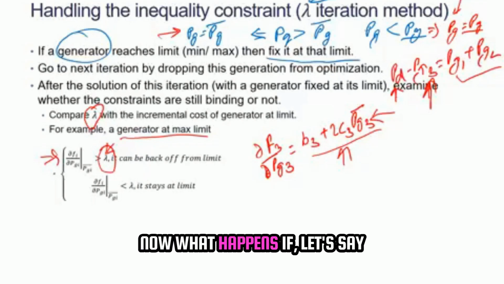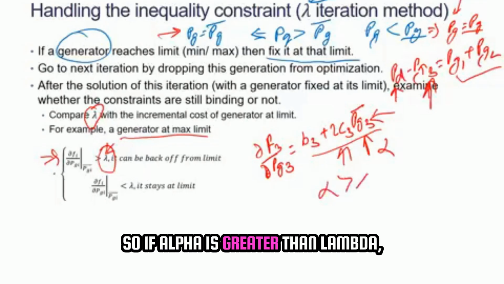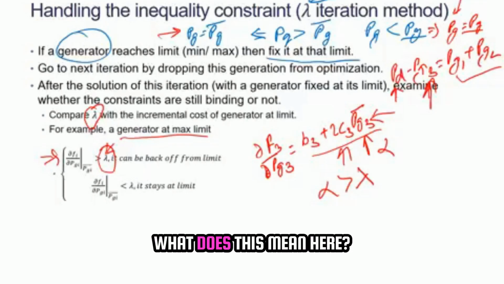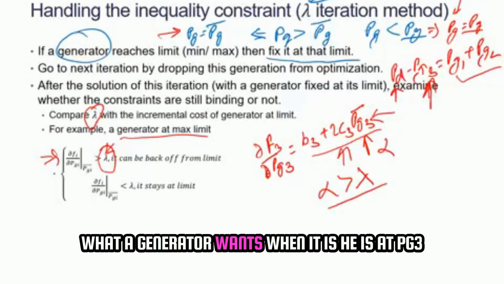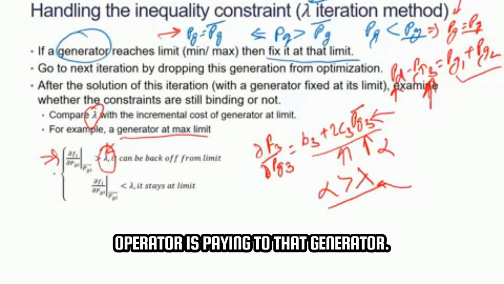Now what happens if I call this price alpha? If alpha is greater than lambda, what does this mean? Just try to visualize it: alpha is the price the generator wants at PG3 max, and lambda is the price the system operator is paying that generator.